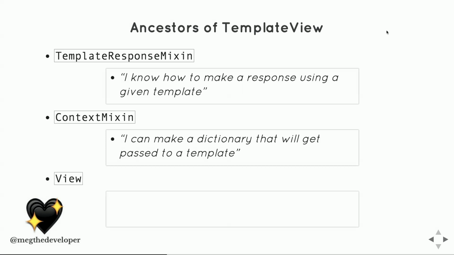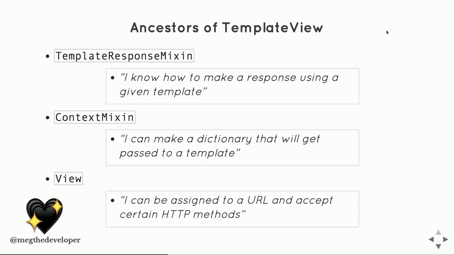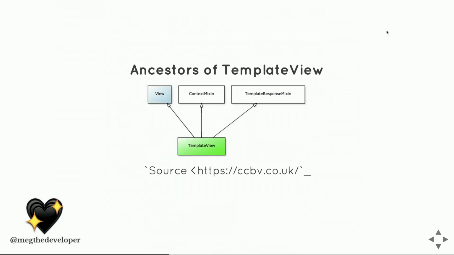Cool. And then you have something called the view ancestor. And that's basically, I can be assigned a URL in a Django app and accept certain HTTP methods as defined by the view. So all the things that are common have been hidden from us, and we like that. This is kind of another version of that, if that helps.